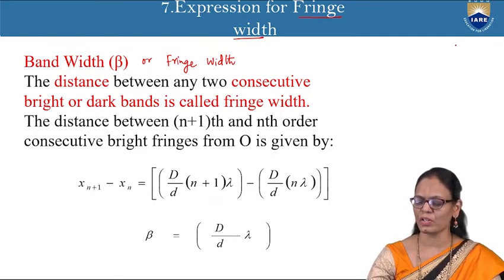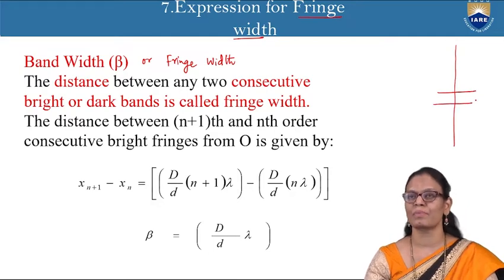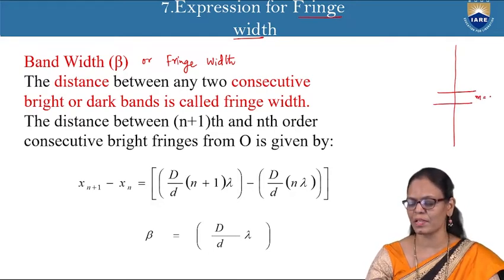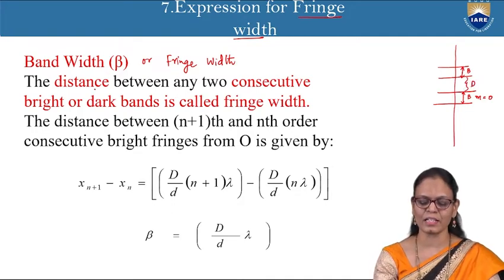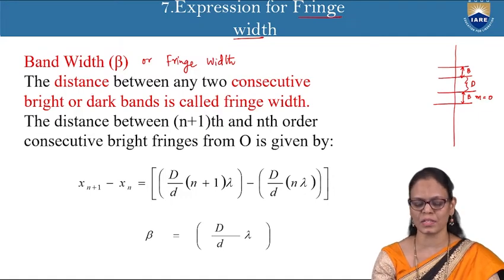Whenever we are talking about the screen, we have a central bright fringe, m is equal to 0. Then you have a dark fringe and a bright fringe. This corresponds to the bright fringe, this corresponds to the bright fringe, and in between there is a dark fringe. Now what we are saying is the distance between any two consecutive bright or dark fringes.